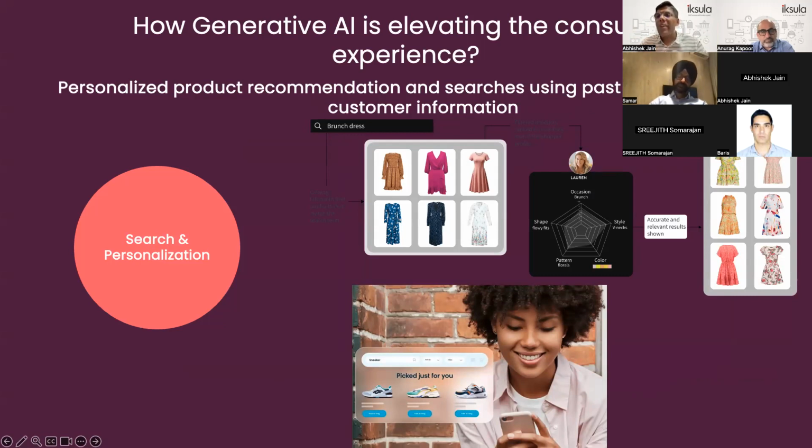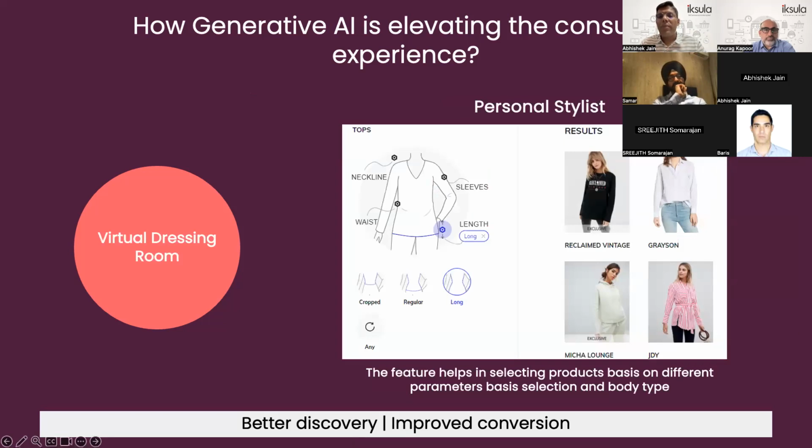Next is what we have seen specifically for the very large fashion retailers like Myntra. They are trying the virtual try-on, or the virtual dressing room, wherein the user can try and see how the product would look on them.